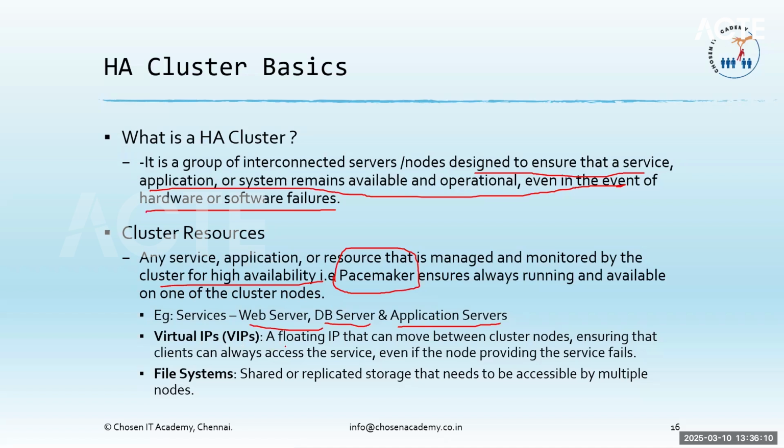Virtual IP is a floating IP that can move between cluster nodes, ensuring that the clients can always access a service even if the node providing the service fails. So the services we talked about, web server, DB server, and application servers, all of these might be running in one node.